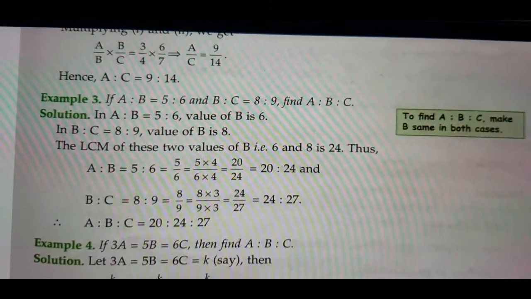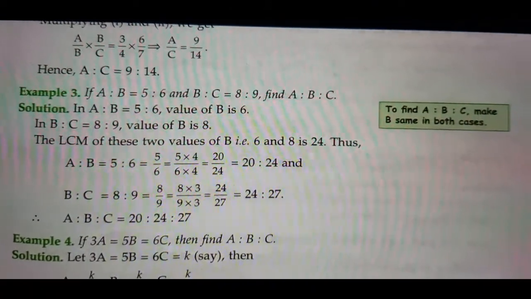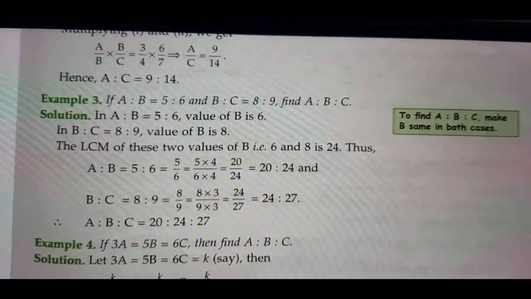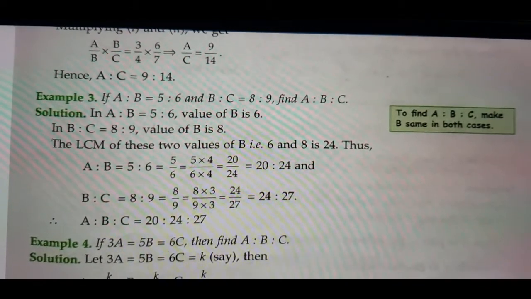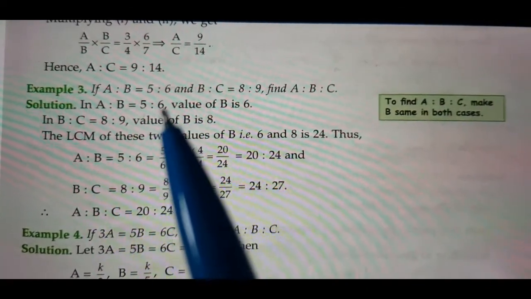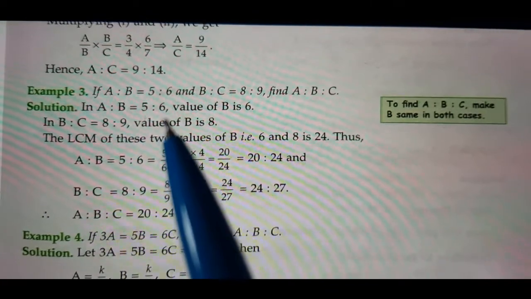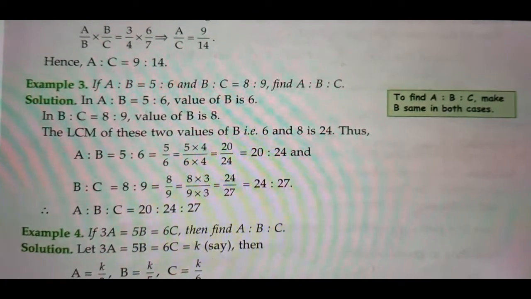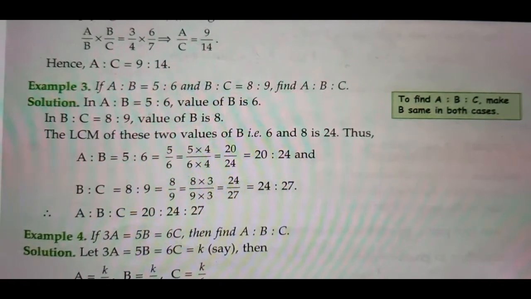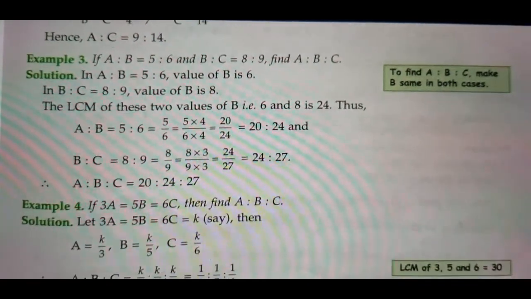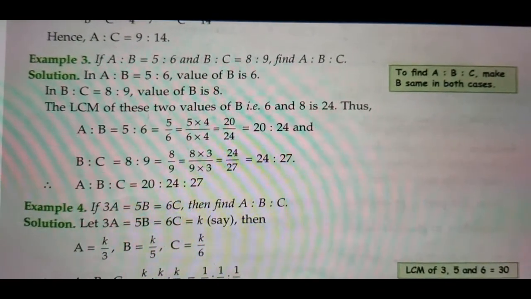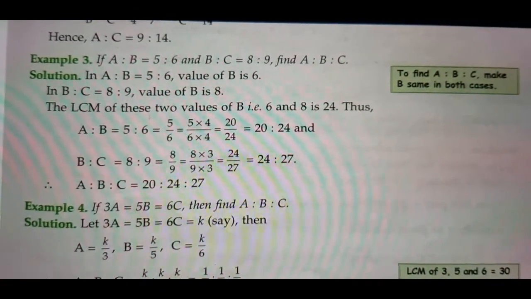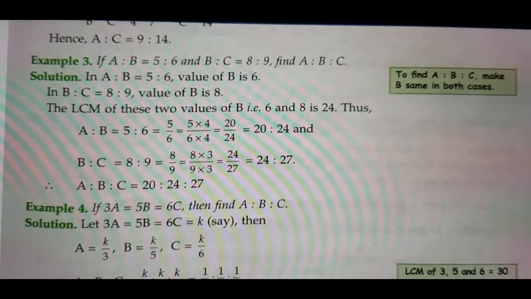Example number 3. If A is to B is this and B is to C is this, find A is to B is to C. Everything is same, that is 5 is to 6, that means value of B is 6, and C 8 is to 9, value of B here is 8. So what we will do is we will find the LCM of these two numbers, that is the values of B, 6 and 8, that is 24.